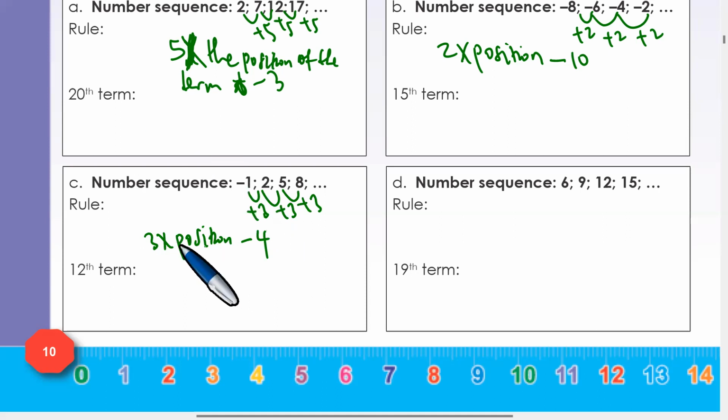Okay, let's check if this is correct. If you look at position 2, what is 3 times 2? 6. 6 minus 4. 3 times 5. 15. Minus 4. That is 11.